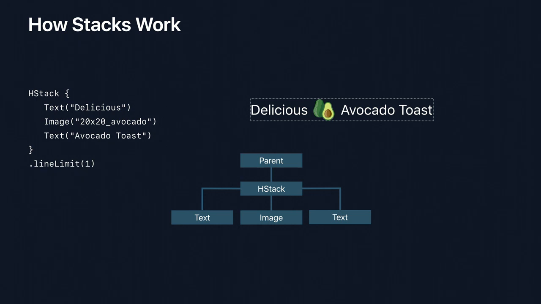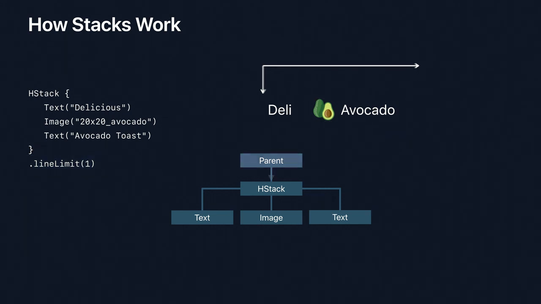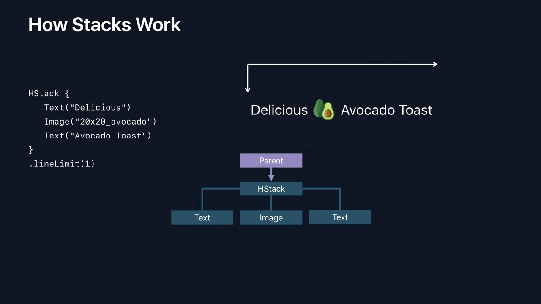In this stack, we've said the text shouldn't wrap to more than 1 line, which means that if the stack is asked to fit in less space, well, the text will just be truncated to fit. But let's start with the case where there's plenty of space offered by the parent, okay?